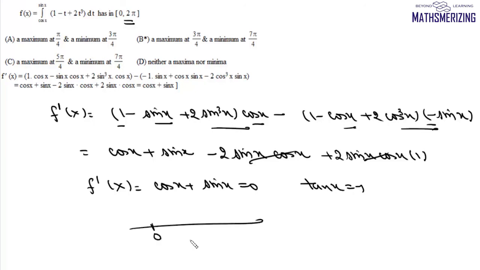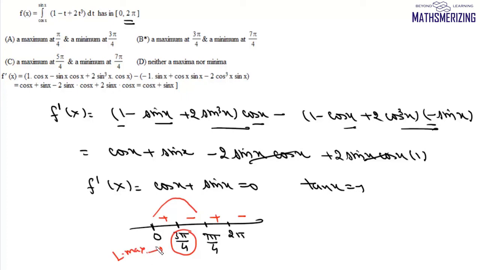Now in 0 to 2 pi, the value of tan x is minus 1 at 3 pi by 4, and in the fourth quadrant, which is 2 pi minus pi by 4, that will be 7 pi by 4. Now we have to find the sign of this expression in any interval. So this value will be plus, then minus, and then plus and minus. Now at 3 pi by 4, the function first increases and then decreases. So at 3 pi by 4, there is a local maxima.